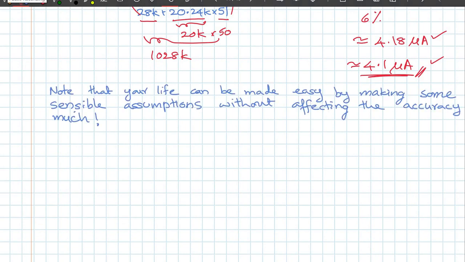Note that your life can be made easy by making some sensible assumptions. The important thing is that you make sensible assumptions without affecting the accuracy much. Within 10% is reasonable in our calculations, so we can do that.